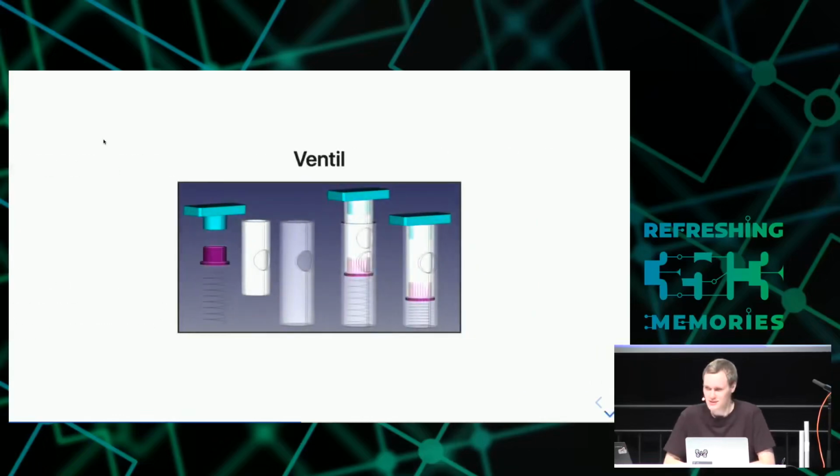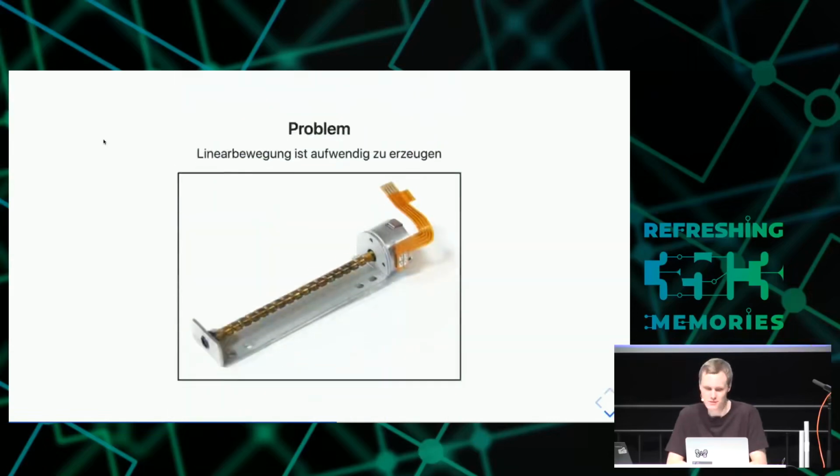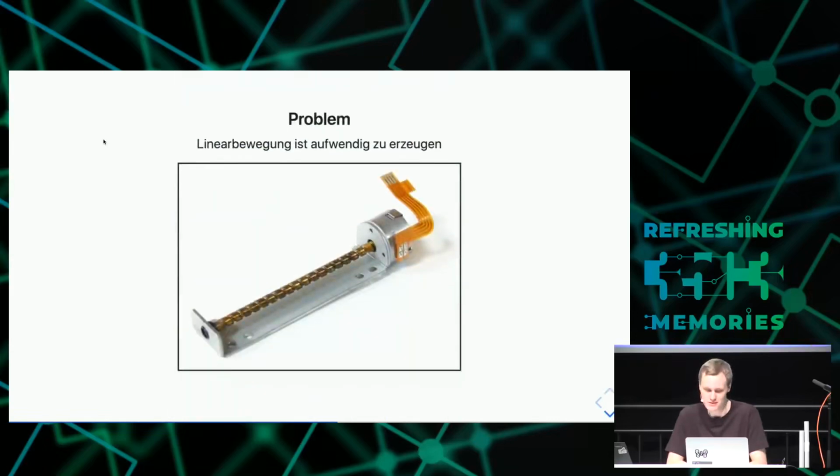And then about valves, it's nice if you just have the key at the bottom and just have to push it down. But why does it have to be a linear movement? You can also do it in a different way.